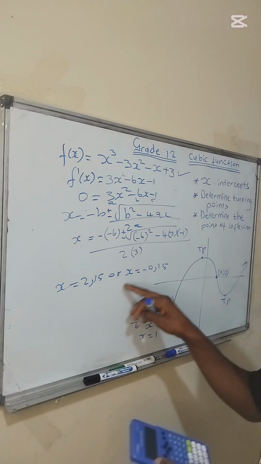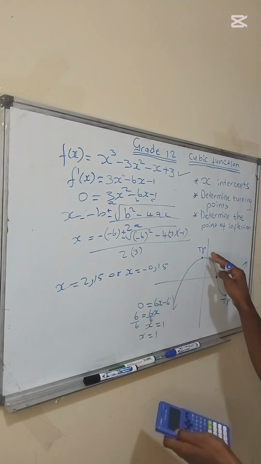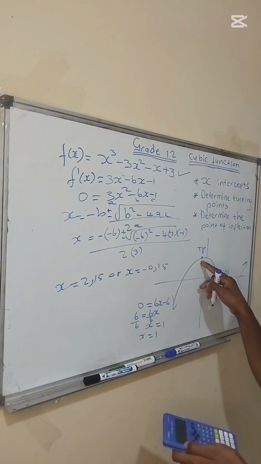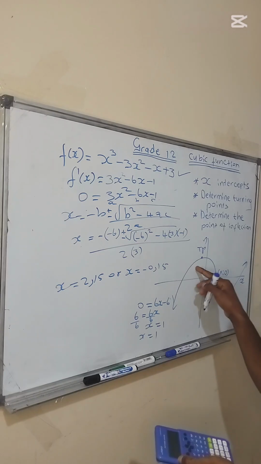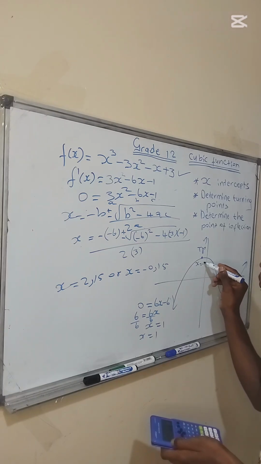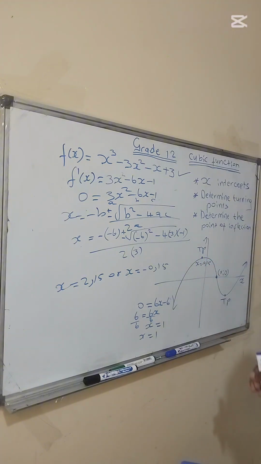Those are the x-coordinates of the turning points. And this negative 0,15 belongs on this side, because this side is meant for the negative x-axis, right? What about this side? This side we have 2,15. That is the x-coordinate of the other turning point.